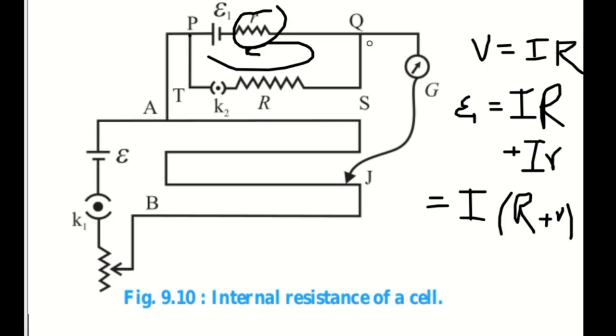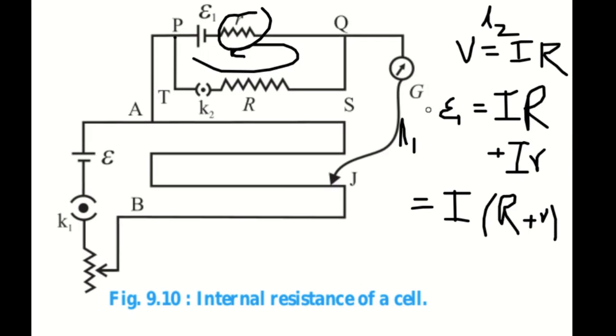We record the length at which the galvanometer shows null deflection, and call it L2, because for epsilon 1 we called the length L1. As we studied in the earlier video, we can take the ratio as we did to compare the EMFs.